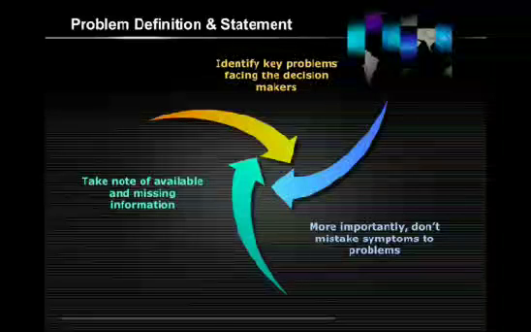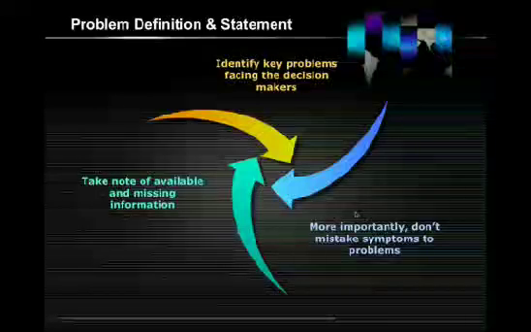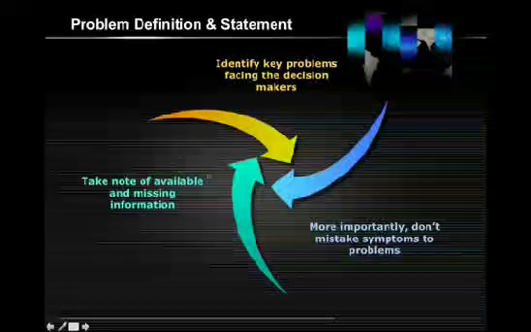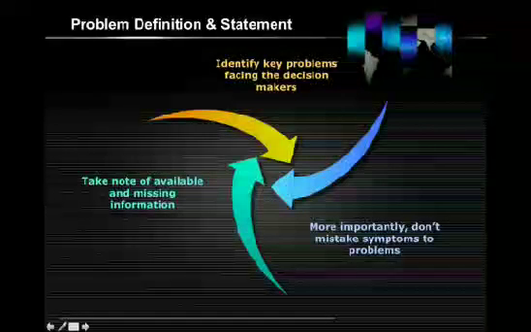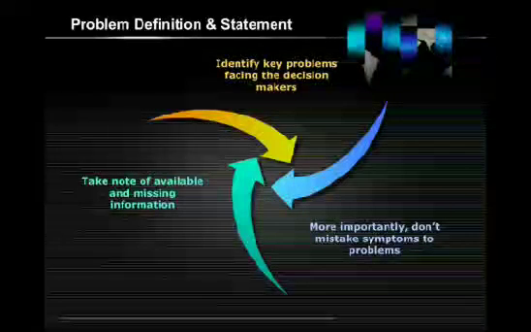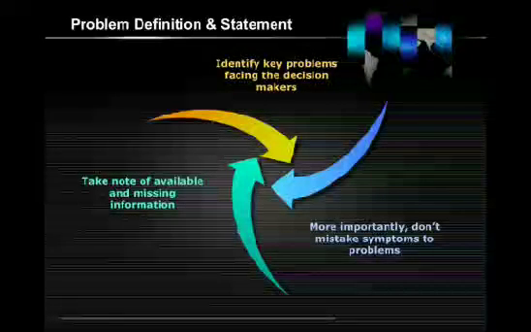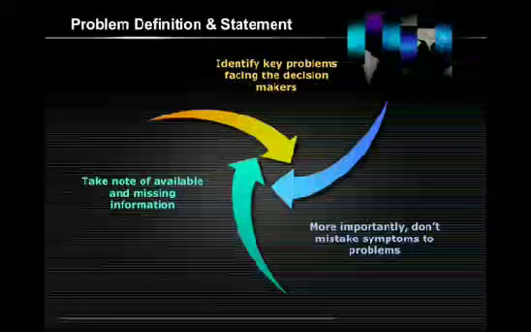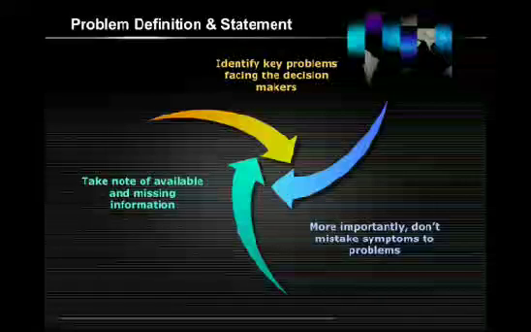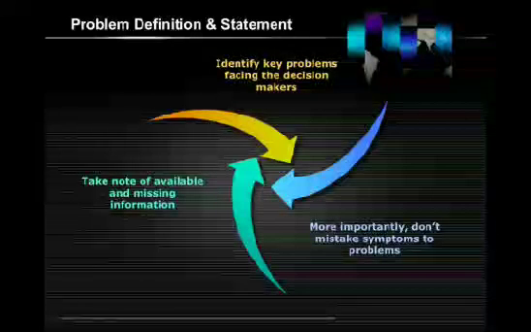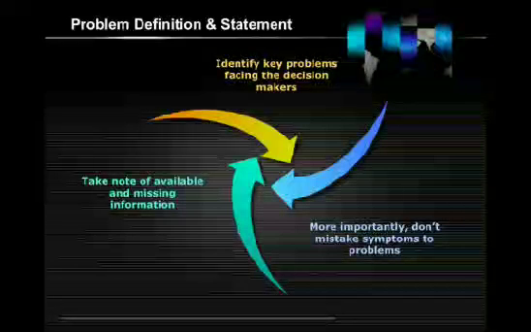And then as you keep defining the problem statements, what you also have to do is take note of available and missing information. Essentially, given certain problems and given certain issues facing the decision makers, and given that you are supposed to analyze all that and provide recommendations, you have to understand from your perspective what kind of information is being provided in the case study, and what is the missing information that is a hindrance to you making proper recommendations.